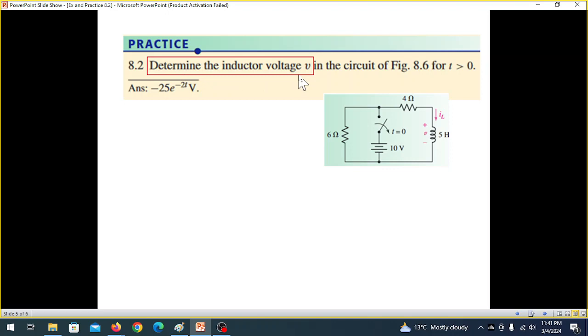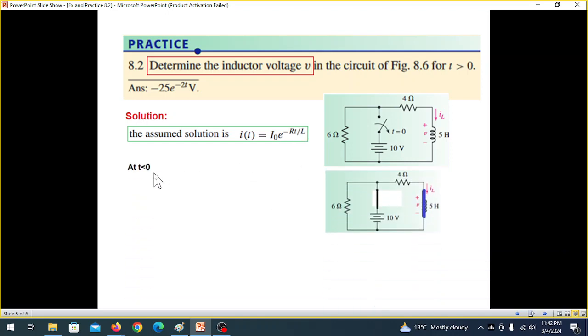Now determine the inductor voltage for the circuit, and the answer is also given. So we'll follow the simpler technique. That is, we assume that the output or the solution or the current is I0 e raised to the power minus Rt over L. And for t less than 0, as we had discussed earlier, the inductor will become short circuit, the switch will be closed.